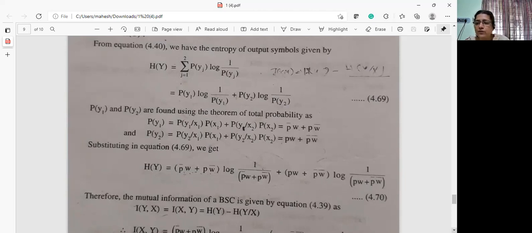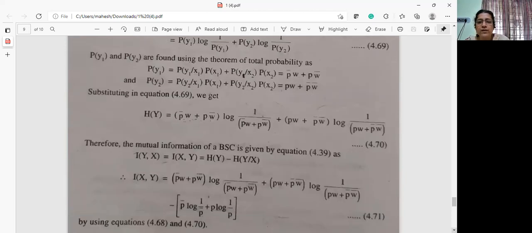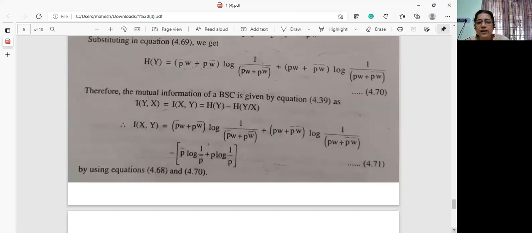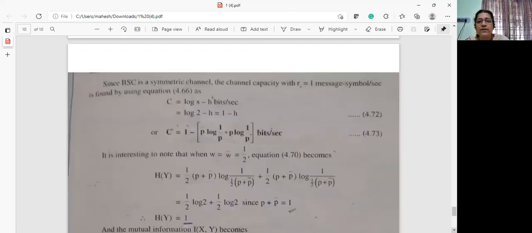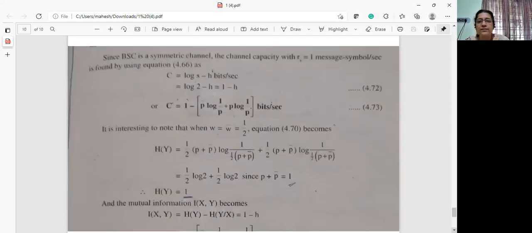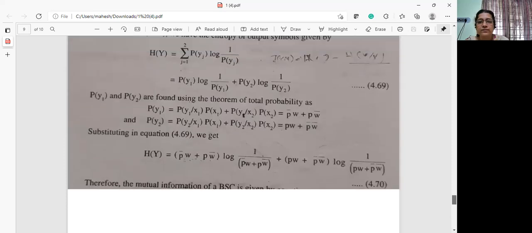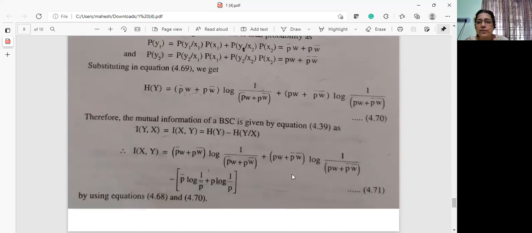Similarly, you can write the equation for the mutual information also. Mutual information is H of y minus H of y by x. So substitute the values here, and mutual information will be given by this equation.